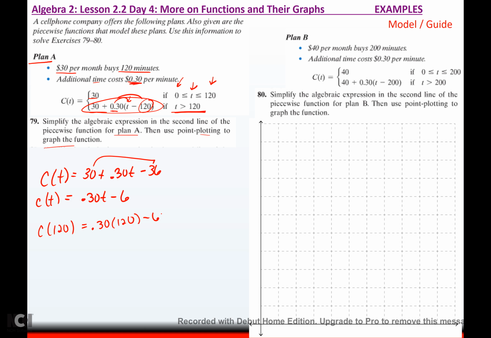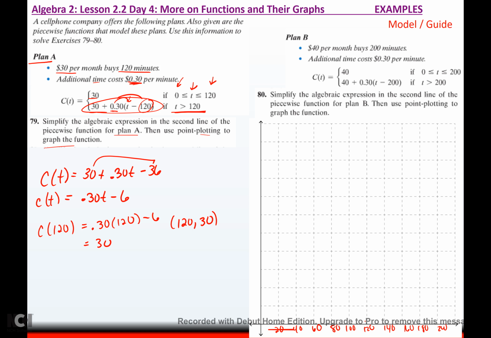0.30 times 120. Enter. Minus 6. You get 30 bucks. So at 120 minutes, it's going to cost you exactly 30 bucks, which we knew. So let's do, I don't know, what do you want to start? Let's count by 20s. 20, 40, 60, 80, 100, 120, 140, 160, 180, 200.